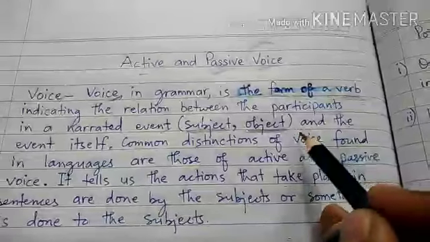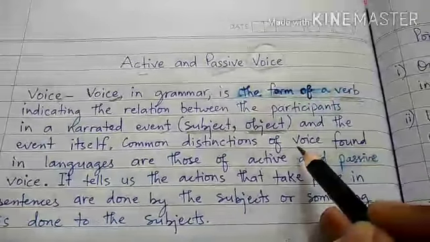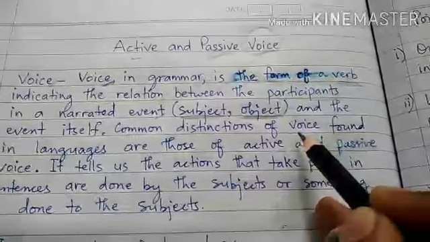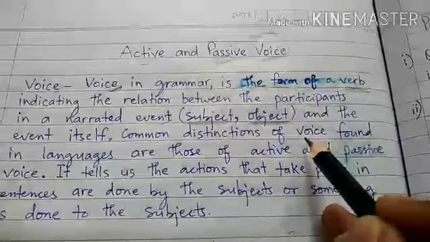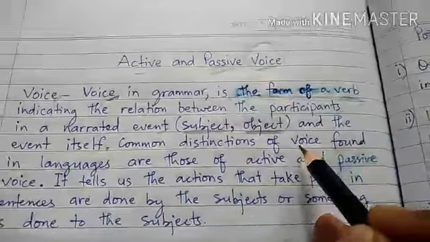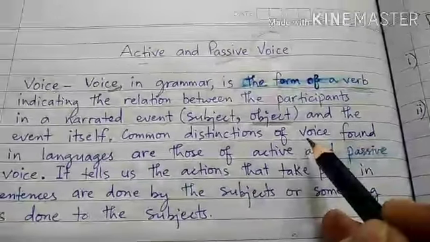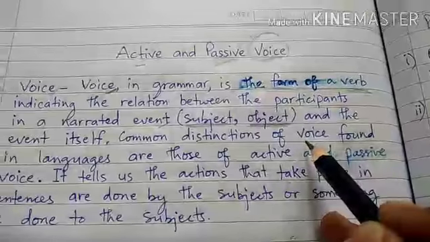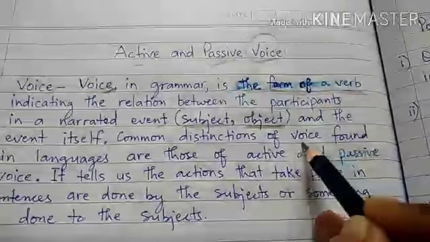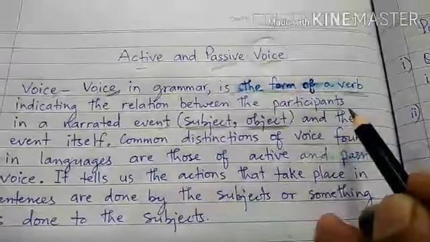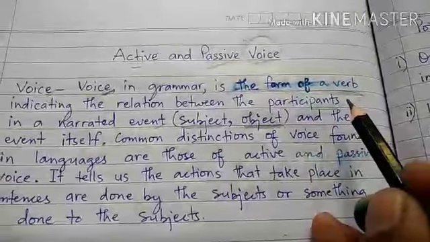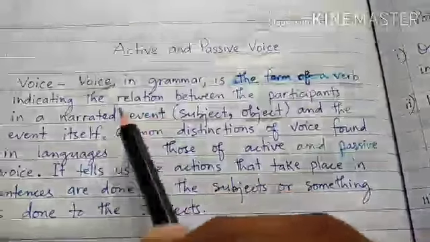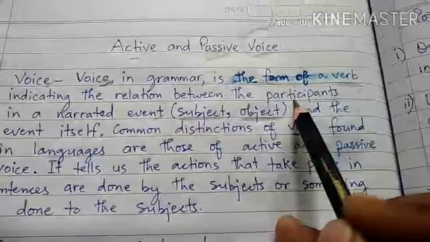So what is voice? We have understood here. Voice is the expression of actions that take place in sentences. So how the same actions are expressed differently, that is said by voice, depending upon the time of actions, and also indicating the relation between the participants.